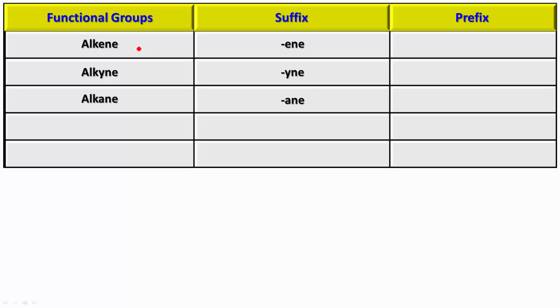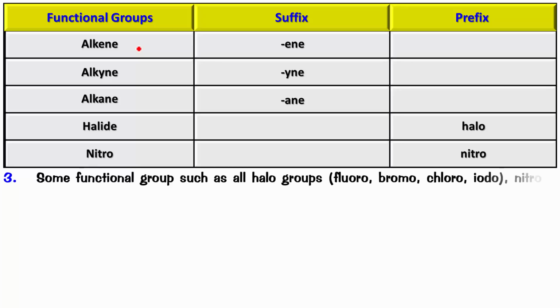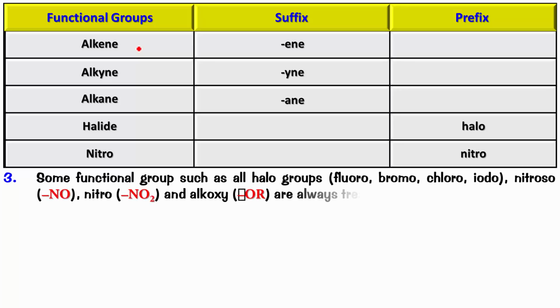Of course, the prefix would be perhaps alkyl, alkenyl, alkynyl, if at all we have them in the side chains. And halide will always be used as a prefix, and nitro always as a prefix. Nitro is NO2. Some functional groups such as halo, nitroso, nitro, alkoxy are always treated as substituent groups.